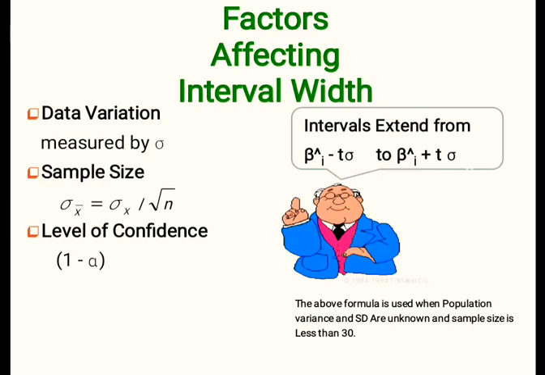We will lose precision in constructing the confidence interval if there is very high variance. So a lower confidence interval will remove the uncertainty and create preciseness in our estimates about the population parameter. So the higher the variance, the higher the confidence interval.